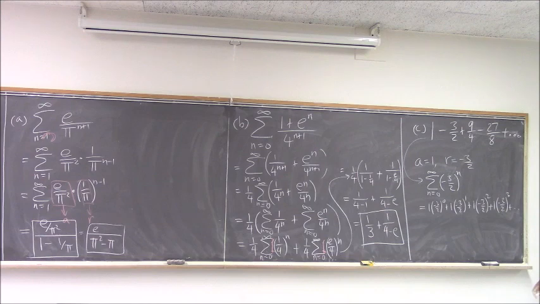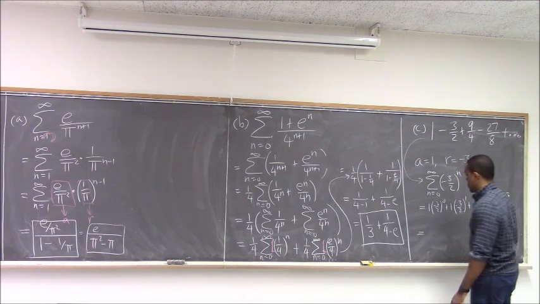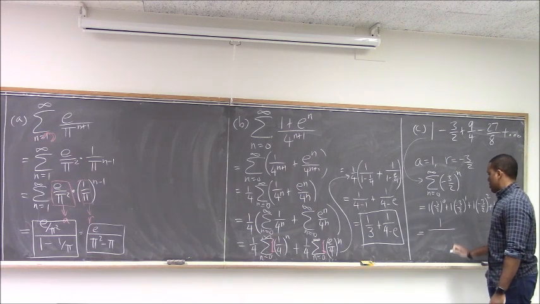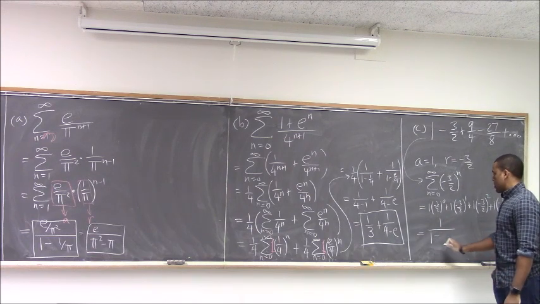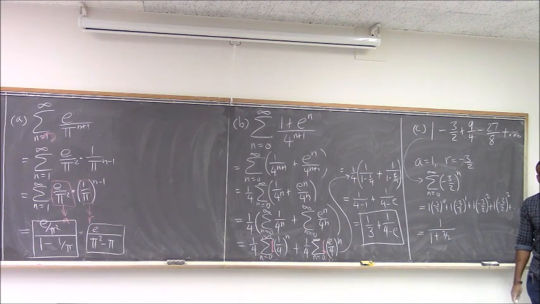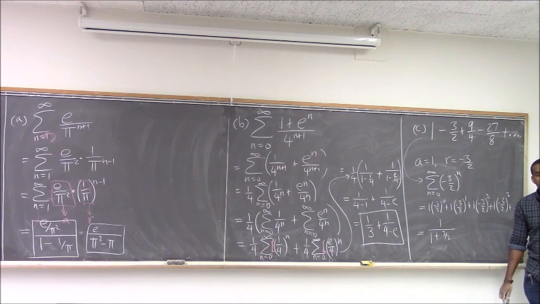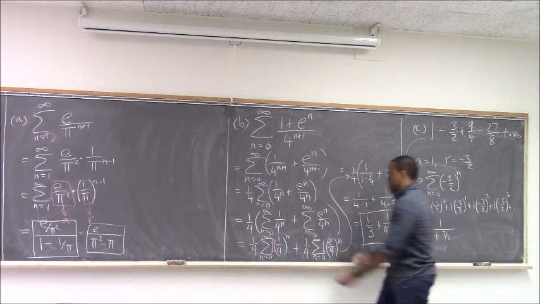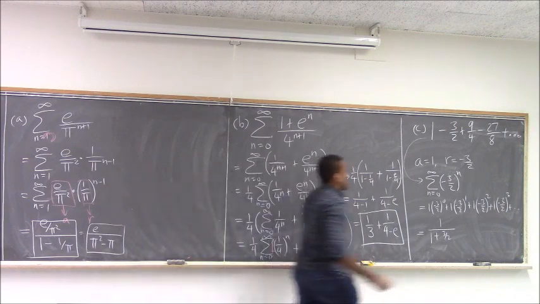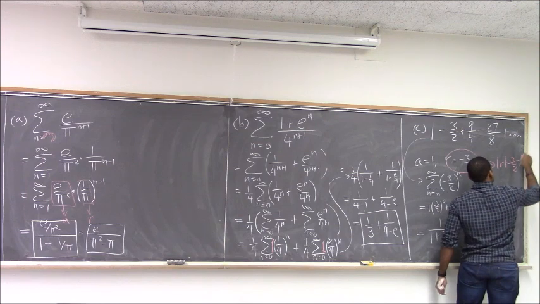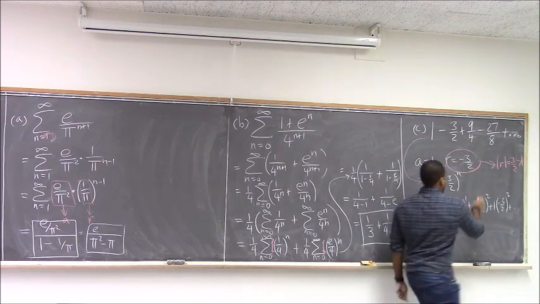Okay? So, what do you think this adds up to? 1 over 1 minus negative 3 over 2. So it's 1 over 1 plus 3 over 2. Exactly. Okay? Do you agree? No, that's wrong. Divergence. What happens? It's more than 1, isn't it? It diverges. Why? Because r is minus 3 over 2, which means the absolute value of r is 3 over 2. It's bigger than 1. Wait, didn't someone say that? Diverges.